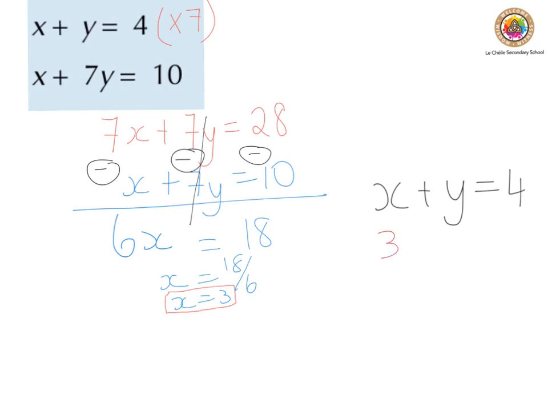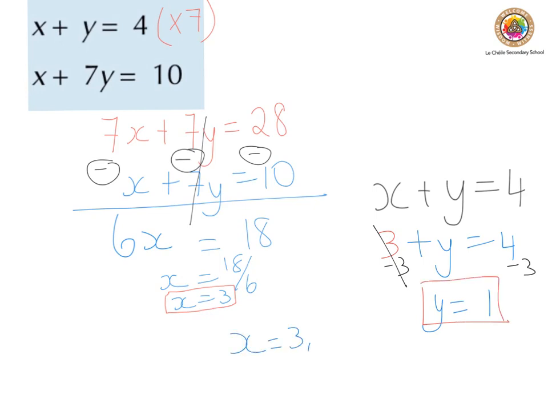I have 3 plus y equals 4. So again, to get y on its own, well, I'm going to take away 3 here, which means I take away 3. They cancel, and y is equal to, well, 4 minus 3 is 1. And so that's my answer for y. And so I just rewrite here x equal to 3, y equal to 1.